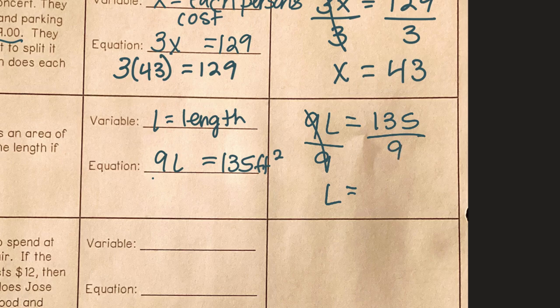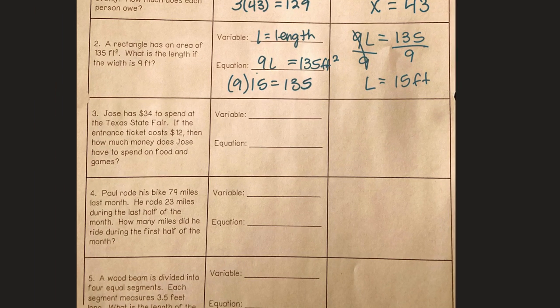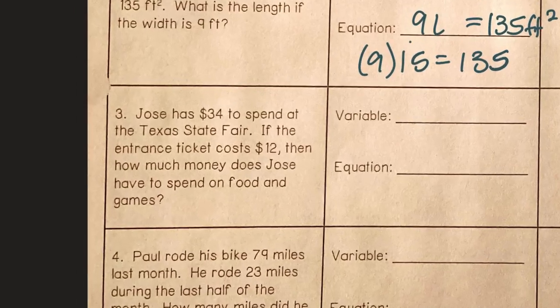Once I work that out, I would end up with 15 feet. Okay, that's my total. If I go back and plug in 15 into my equation, 9 times 15 does in fact equal 135, so that I know that I did it right. I'm going to do one more with y'all, and then I'm going to go ahead and cut you loose to work on this by yourself.